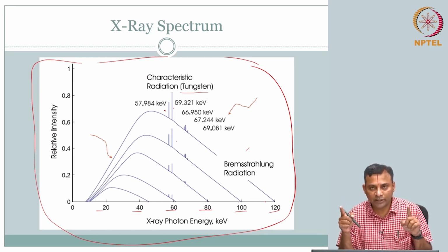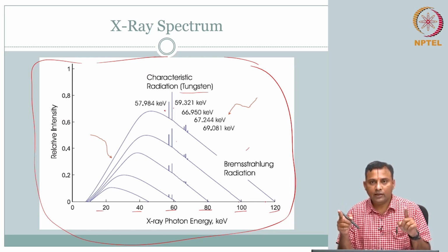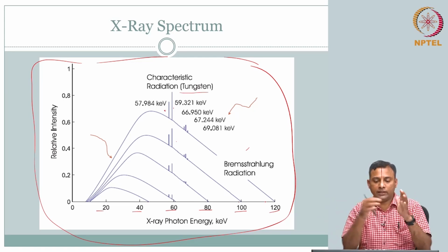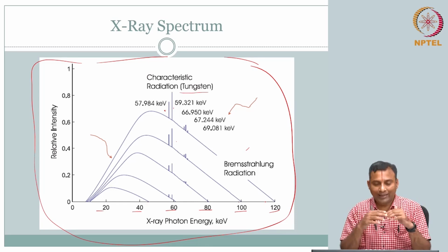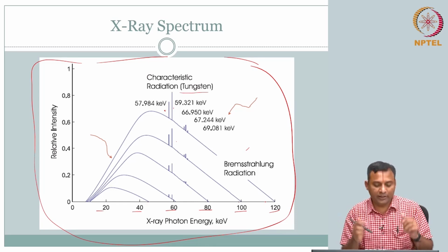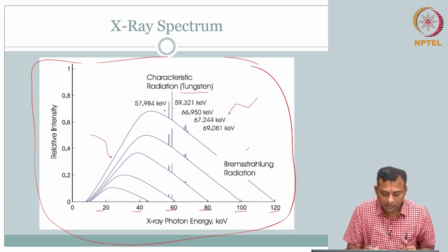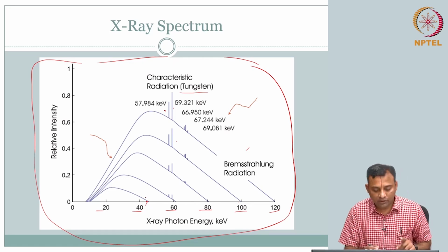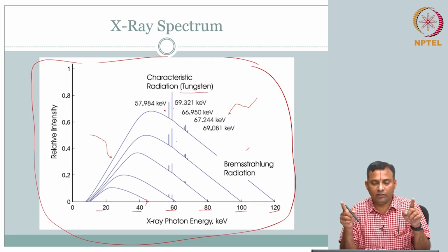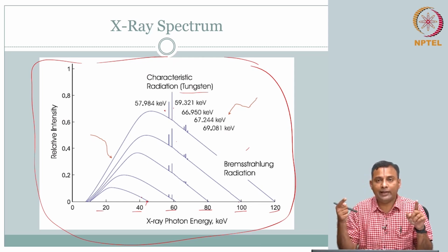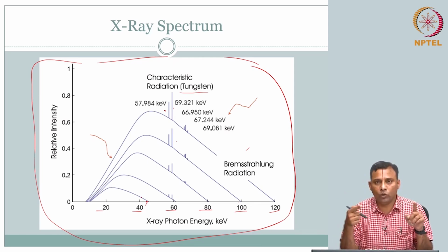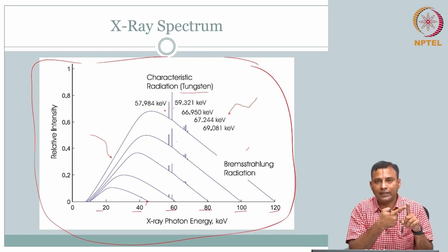Each time, the electron hits the tungsten and X-ray energy comes out, and the distribution of that energy is what is plotted. So when I operated with about 45 kilovolt potential, then the kinetic energy is 45 kilo electron volt that bombards the tungsten anode.